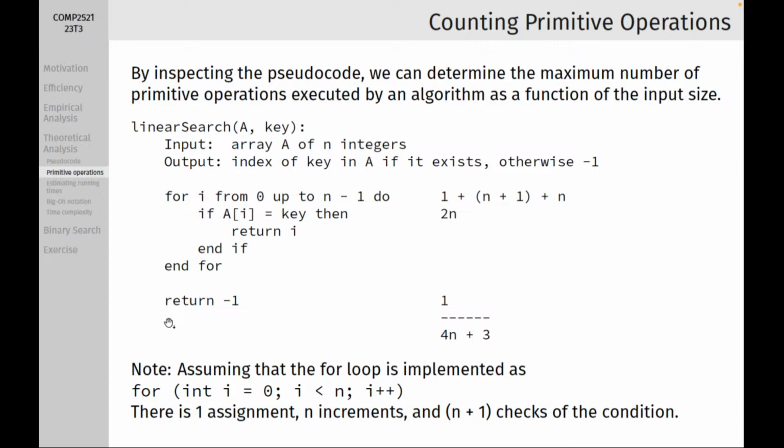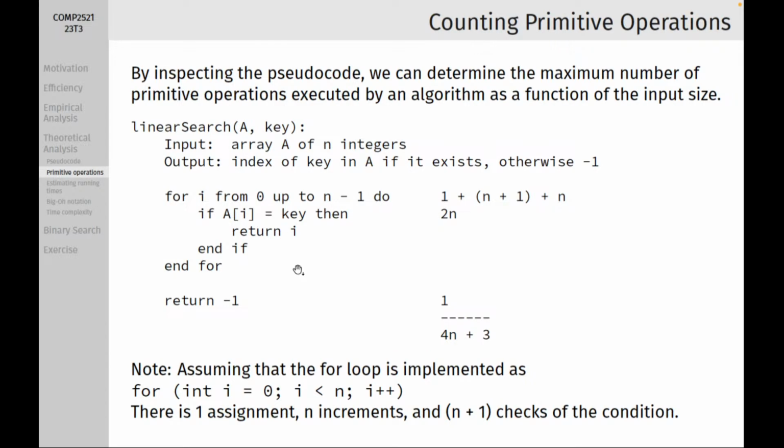Here I've given one suggestion as to how this might be implemented in C. We have a for loop where we create an integer I and initialize it to 0. Then our condition is I less than n, and then we have an increment, I plus plus.